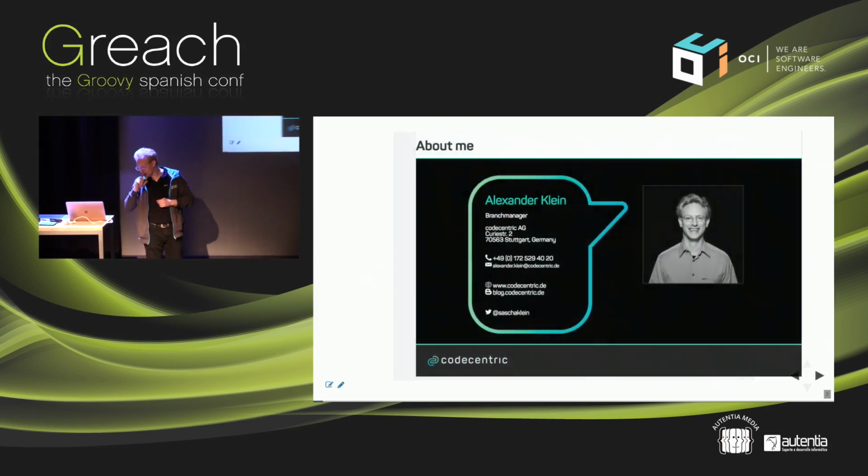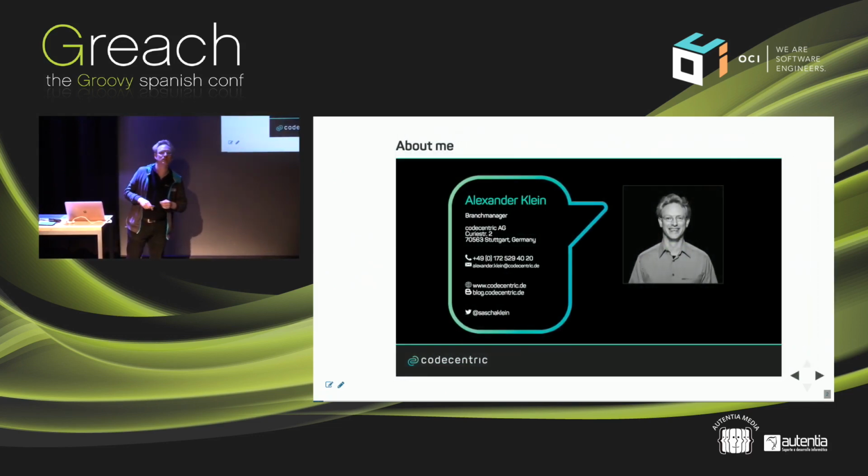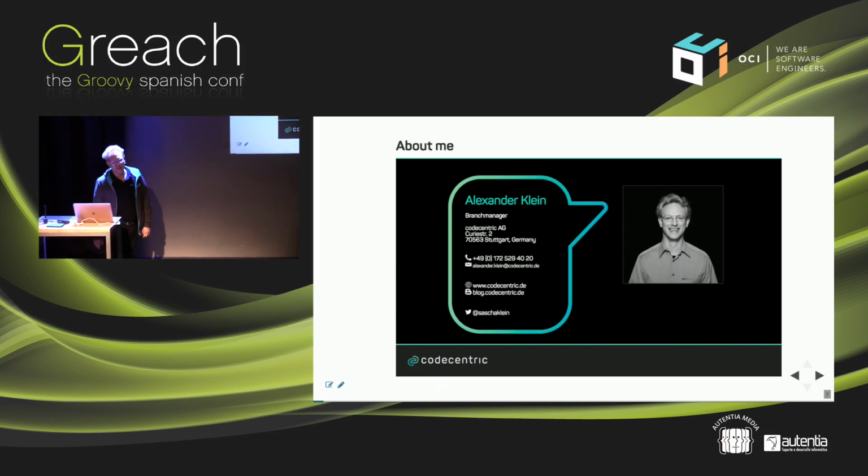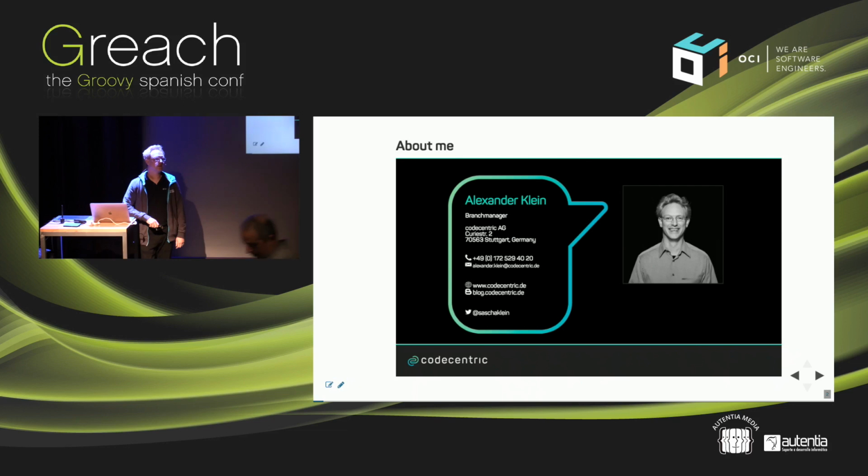But first of all, some words about me. My name is officially Alexander Klein. Everyone is calling me Sasha. Sasha is the Russian nickname of Alexander. So, feel free to call me Sasha. I'm branch manager in Stuttgart of CodeCentric, and I've been working there for almost 3 years now.